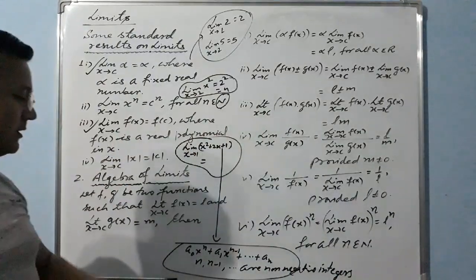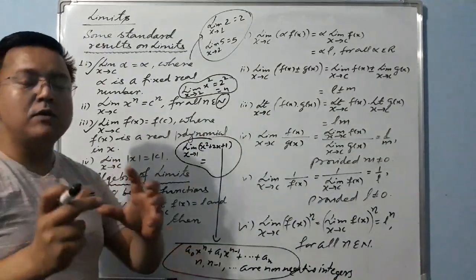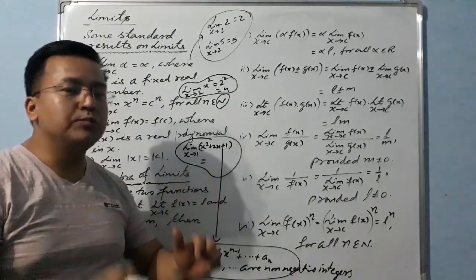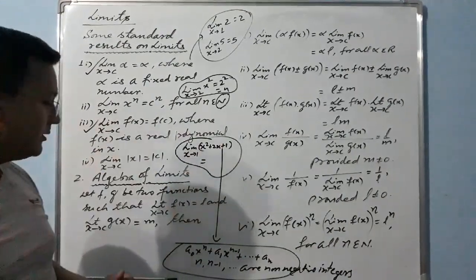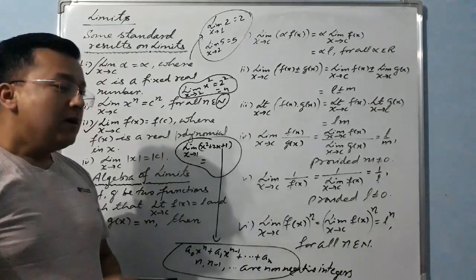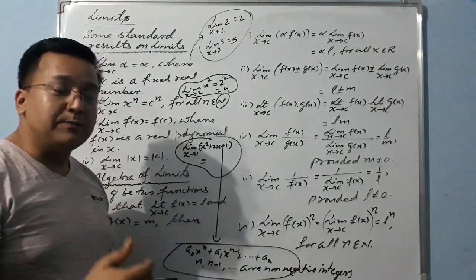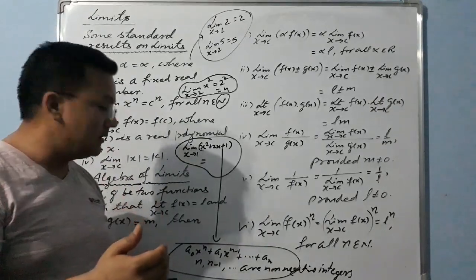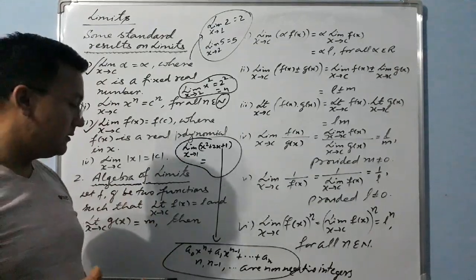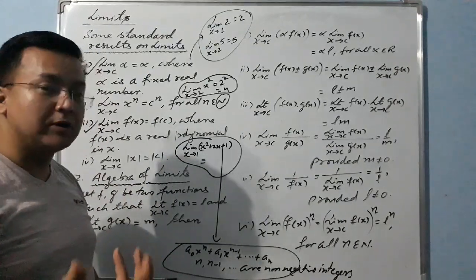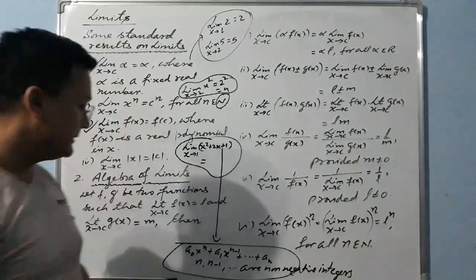Non-negative integers means the power of the variable may be 0 or positive integers.